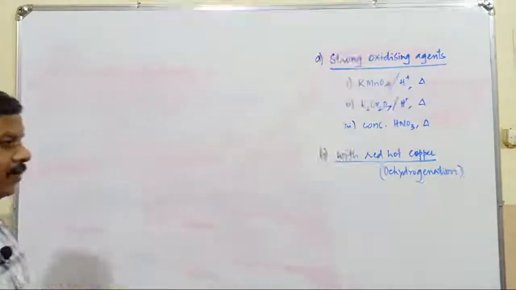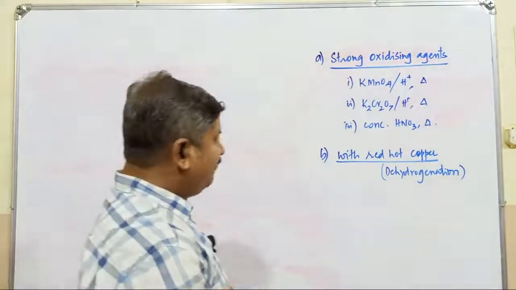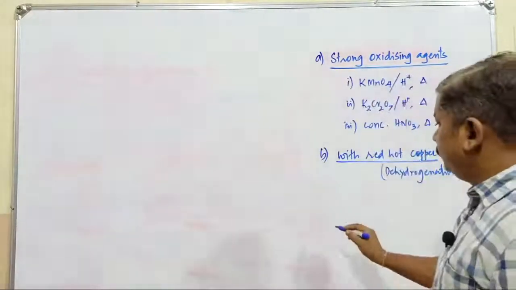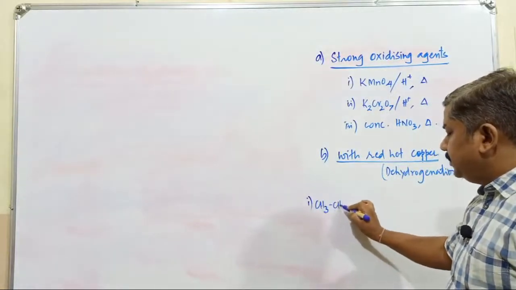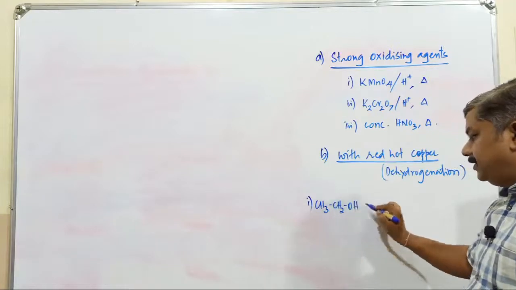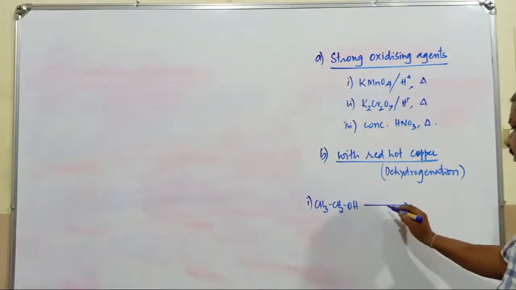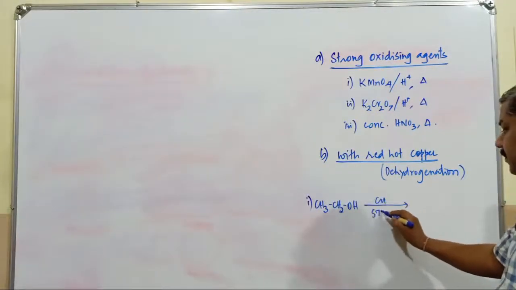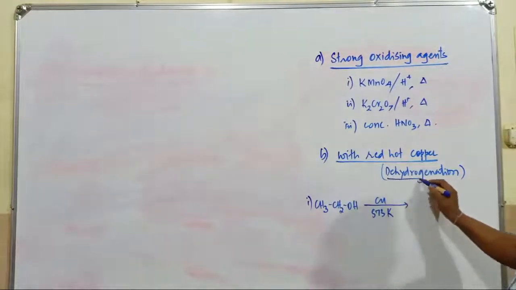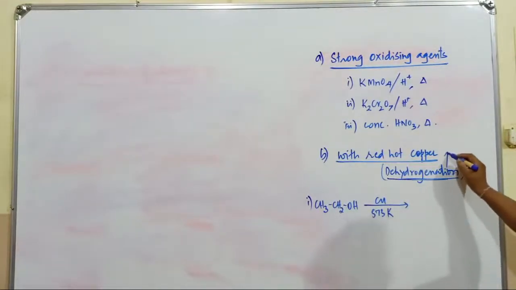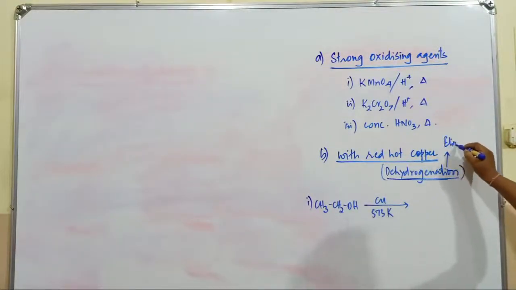In presence of red hot copper, if I start the reaction with the first one, it is CH3CH2OH. I'll go with an example itself. When vapors of alcohol are passed over copper at 573 Kelvin, remember dehydrogenation. What is the meaning of dehydrogenation here?